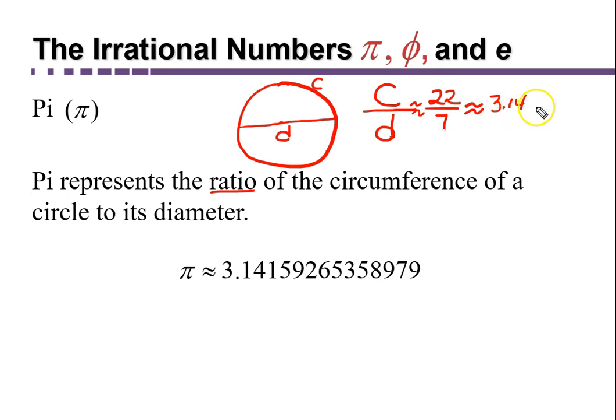And then if you extend it even more, there's our 3.14. It continues, there's no pattern, and it doesn't terminate, so that's why we consider pi irrational. So these are approximations.